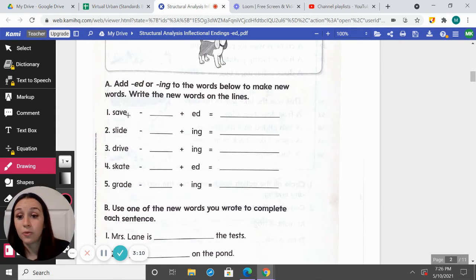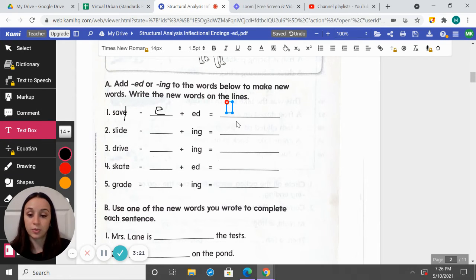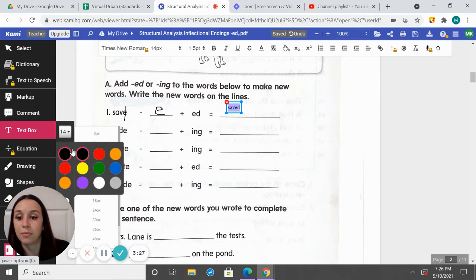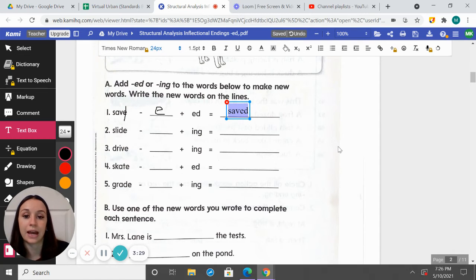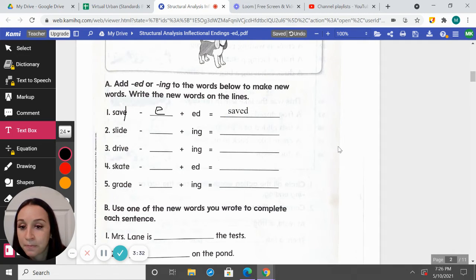So we know that we need to drop that. So minus that E, drop that E, get rid of it, and add ed. I'm going to use my text box. So we have S-A-V-E-D. S-A-V, drop that E, and add ed.